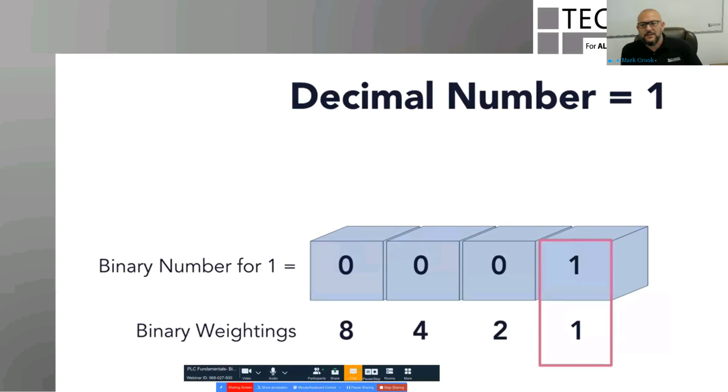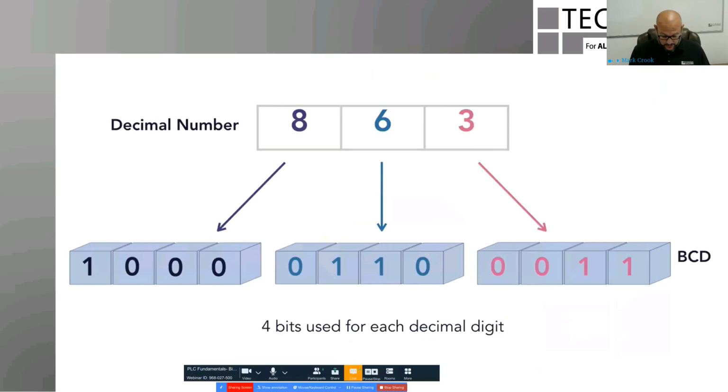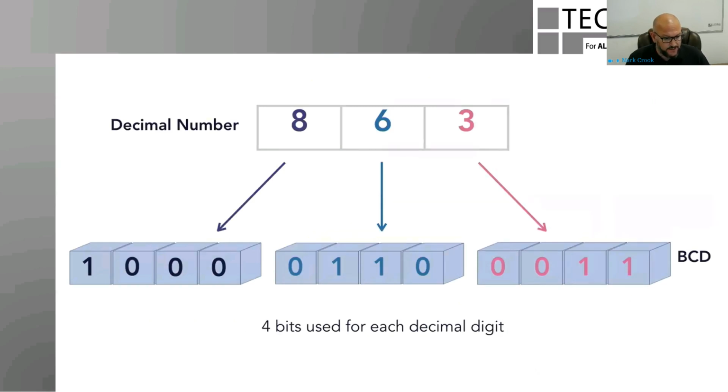If we look at the decimal number 1, that would look as a binary number as 0001, which gives a binary weighting of 1. If we were to look at some larger numbers, it's probably easier for me to explain via the actual screen itself.